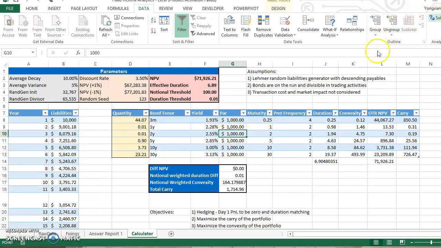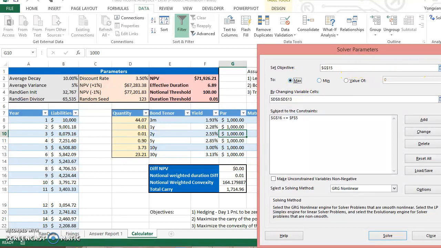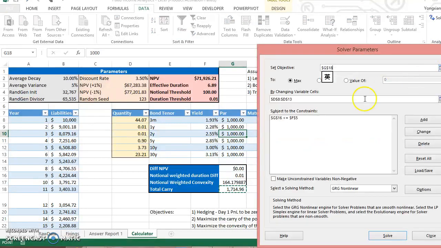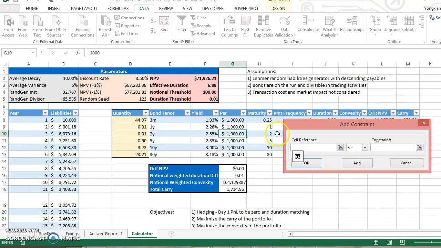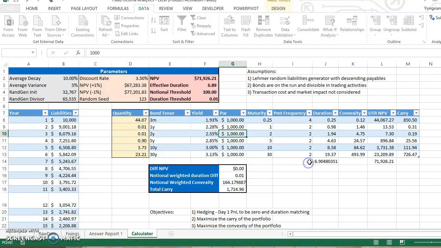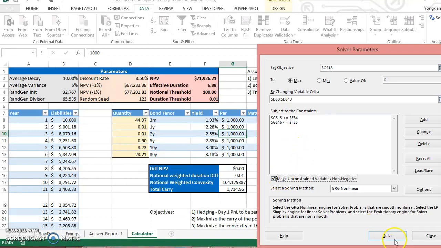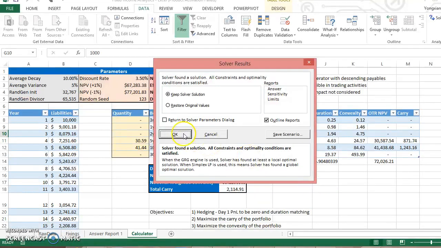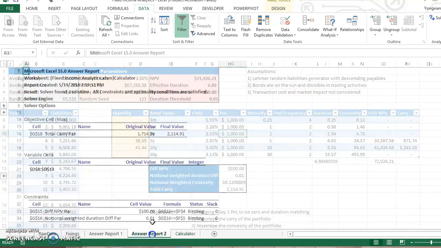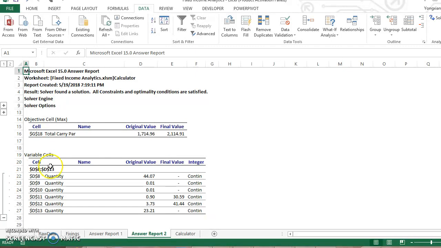So we say in solver, I want to maximize this total carry, and then I want to add the constraints, say the difference between the MPV is smaller or equal to the notional threshold. So we got a new portfolio and then saved it in the answer sheet too.